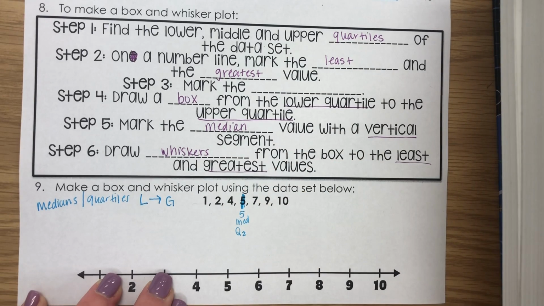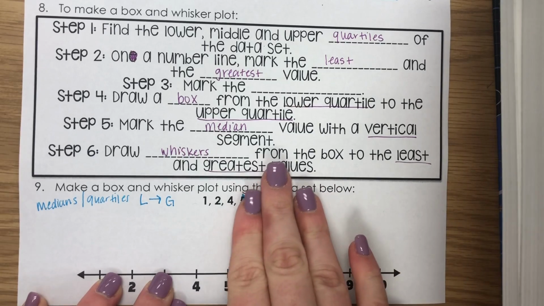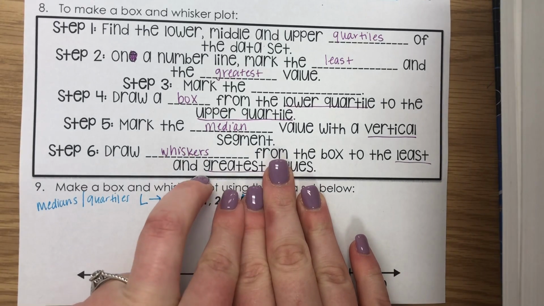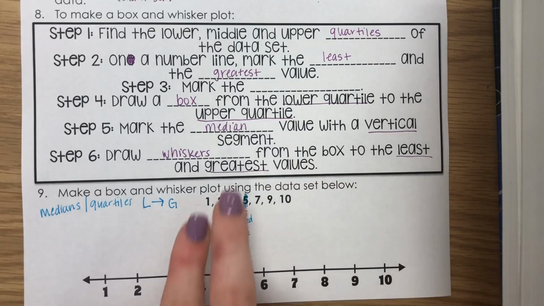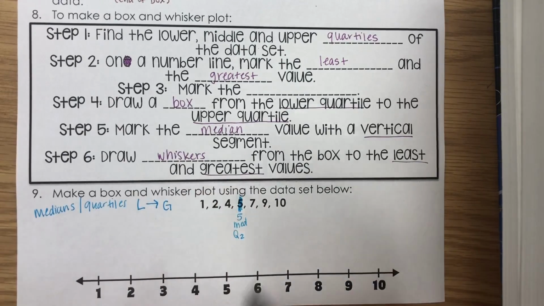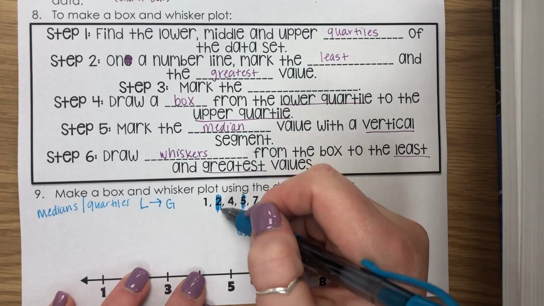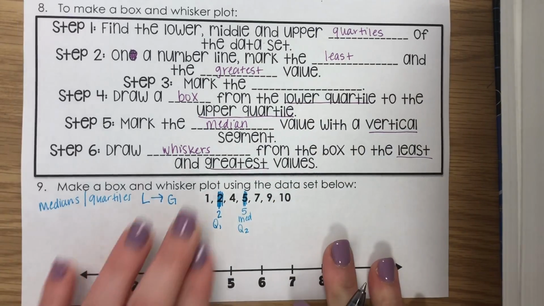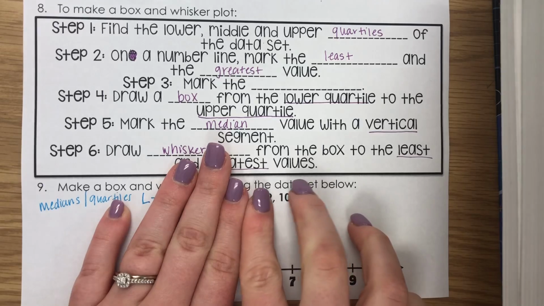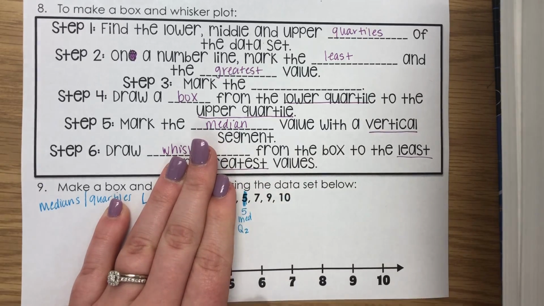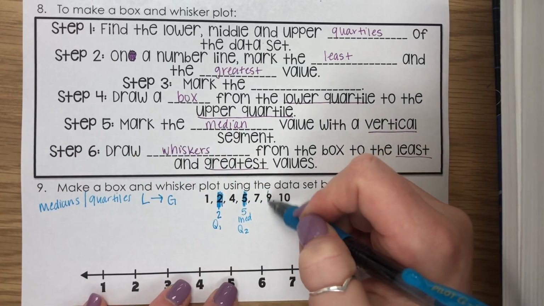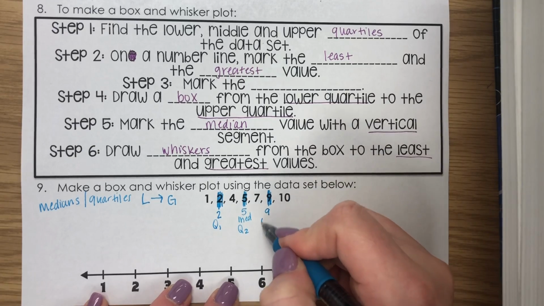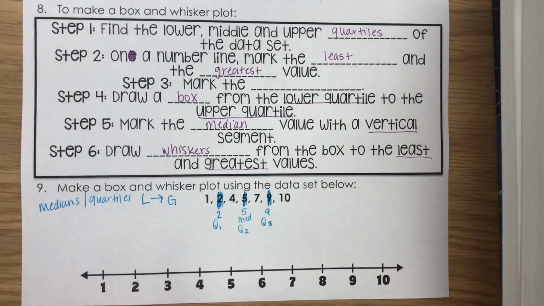And then we want to find the median of our lower half. So we cover this up, and these two are gone, these two. So we're left with 2 as quartile 1. We cover this half up, and 7 and 10 are gone. So we're left with 9 as quartile 3.